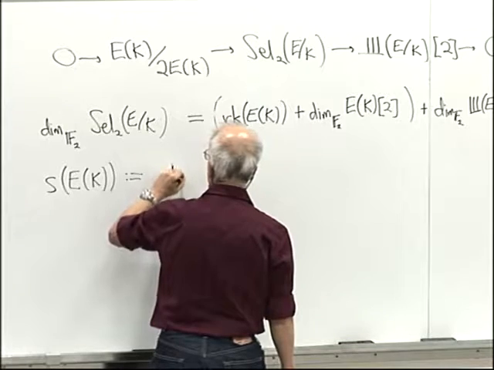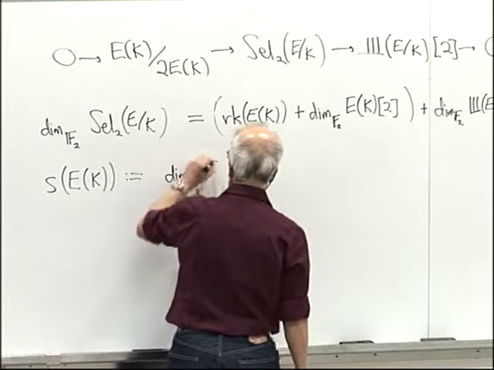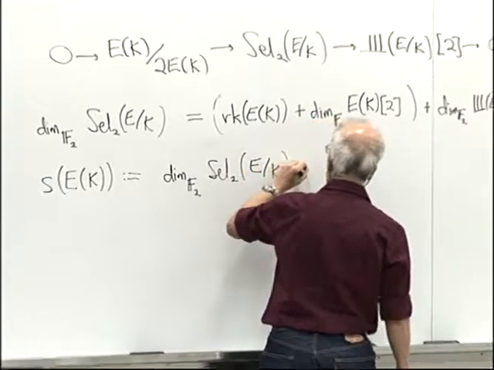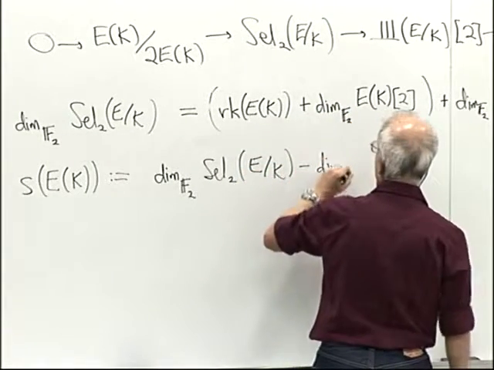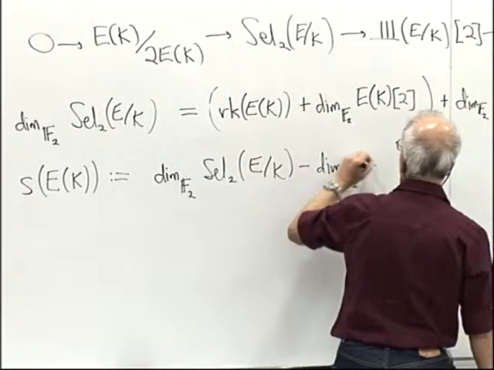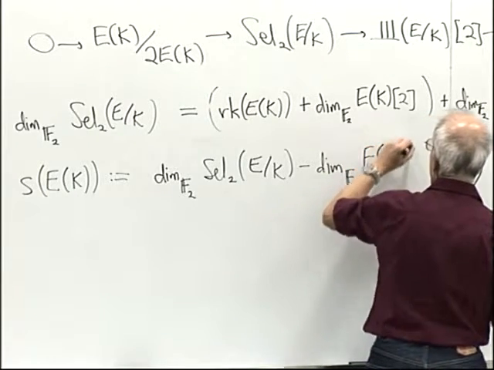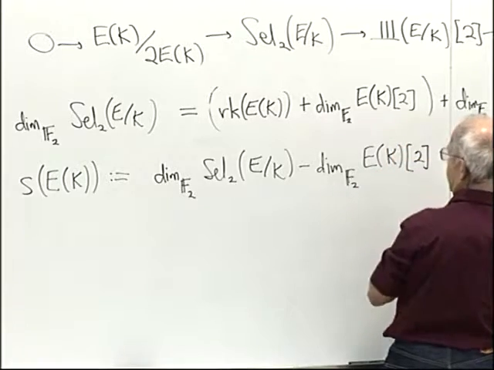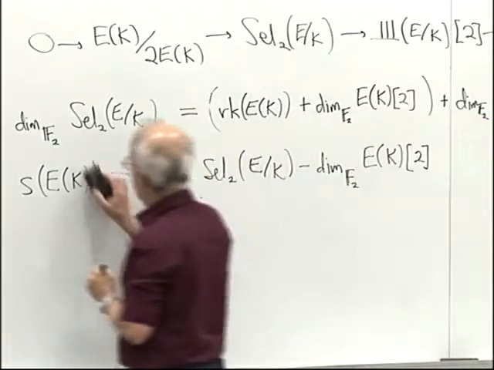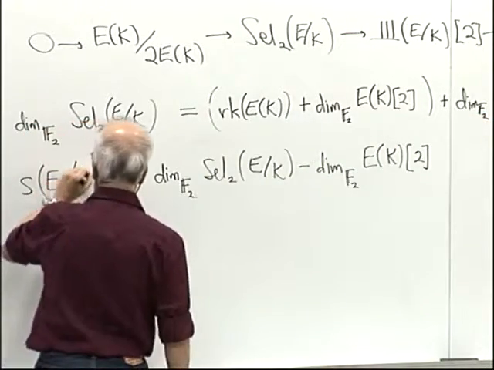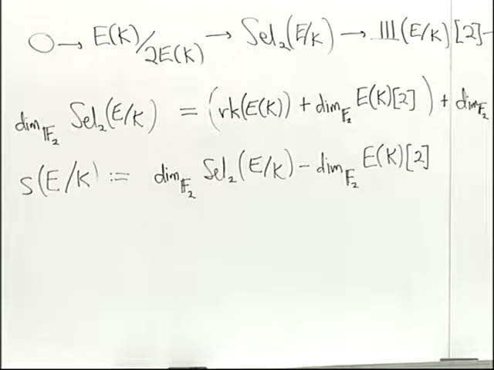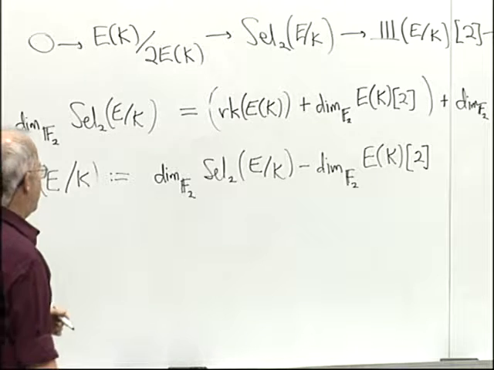So the dimension of the 2 Selmer group minus the dimension of the 2 torsion. You're at S of E over K. Mostly K is going to be fixed, but I'm going to keep it in the notation anyway.